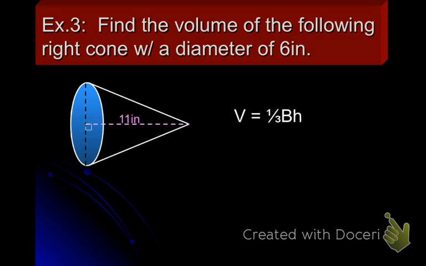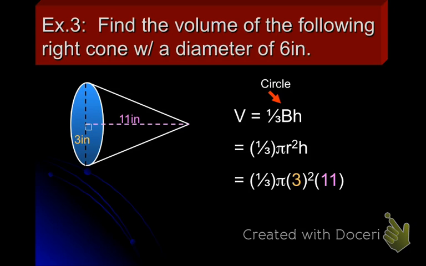We know the height, and it has a diameter of 6 inches. So if we know the diameter, we also know the radius. So we have a third of pi r squared times the height. Use the formula.